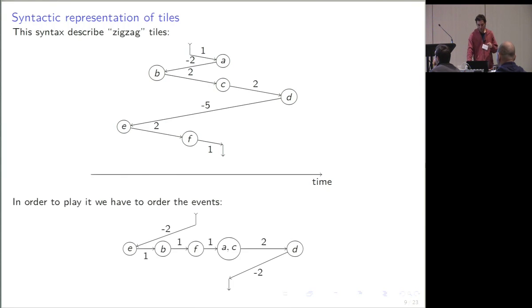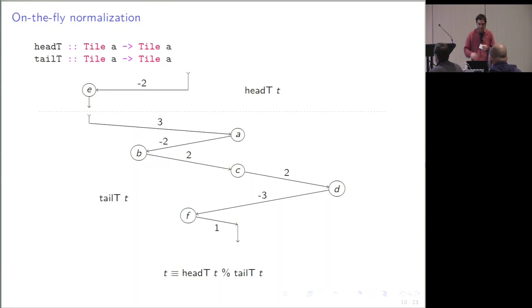But if we want to compute a rendering of such a tile, the first event to occur can be deep in the structure, so we have to normalize it. In order to do it, we have an algorithm. Those 2 tiles are equivalent because they render exactly the same way. The algorithm is defined in terms of headT and tailT, named after the functions on lists, because headT will extract the first event and the first delay, and tailT will return the remainder of the tile.